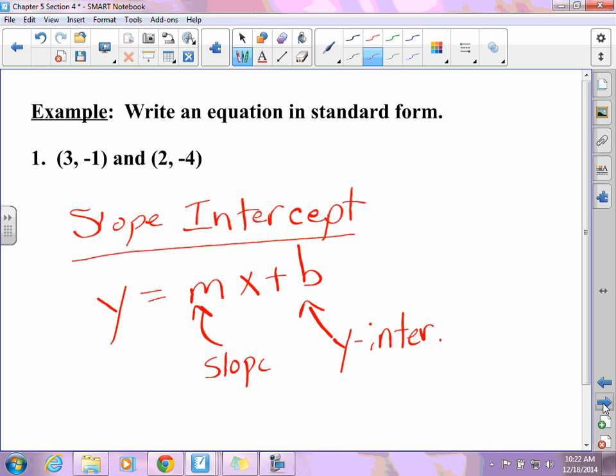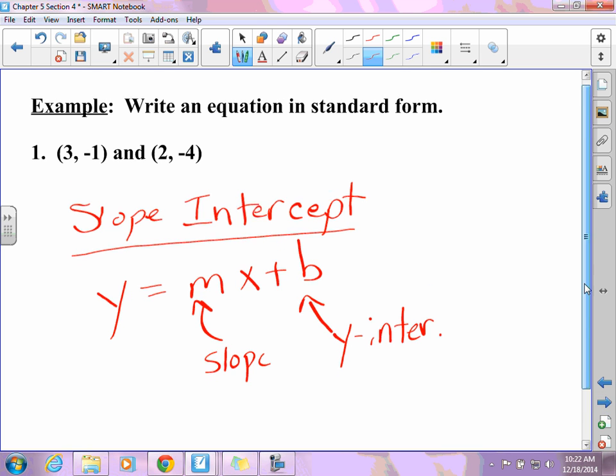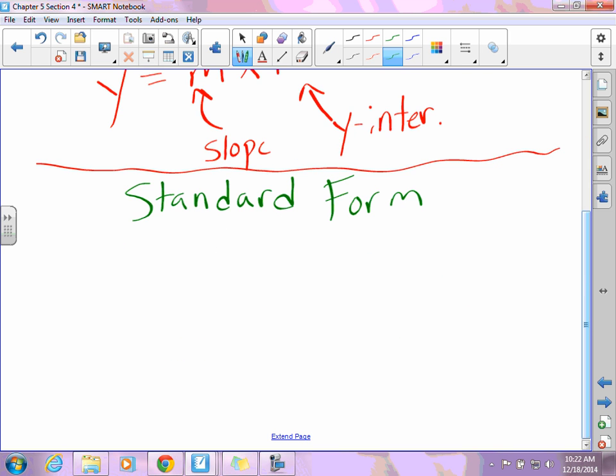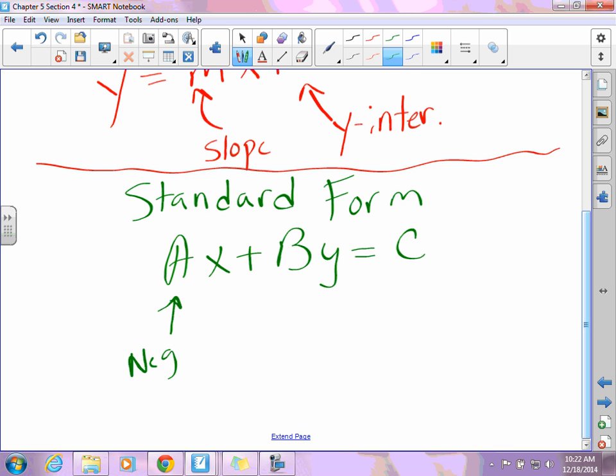And then I recently introduced you to standard form. And remember with standard form, it was ax plus by equals c. And remember the a, we said it can't be a negative number and it can't be a fraction.